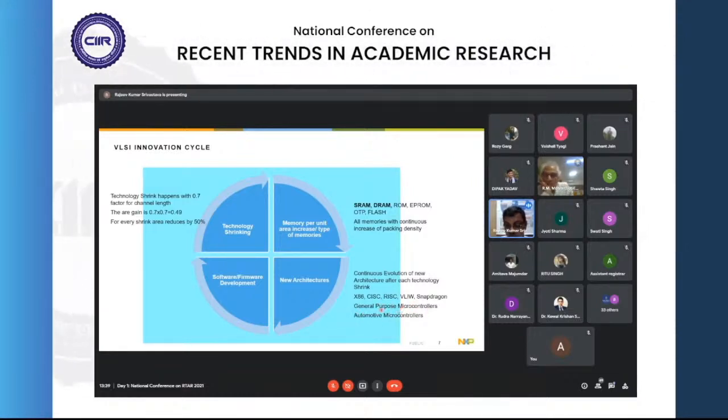And the last one is the automotive microcontroller. A lot of automotive development has happened recently because of VLSI. Today, I will try to focus on that also because NXP is one of the pioneers in it. And the fourth one is more complex application software. So you see, this is a continuous cycle. We have a channel shrink. We can add more memories. We can add new architectures for the processor.